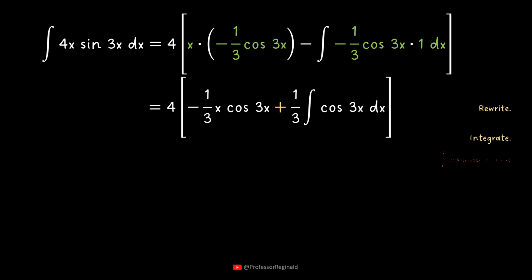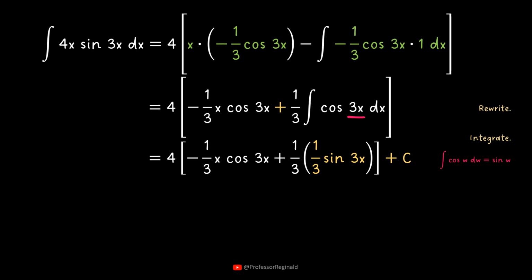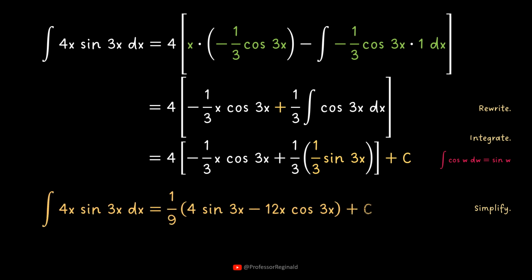Apply a trigonometric function rule with substitution. Add the constant of integration after solving the last integral. Simplify by factoring out a common factor. Thus, the integral of 4x multiplied by the sine of 3x dx is 1/9 of quantity 4 times the sine of 3x minus 12x times the cosine of 3x plus c.